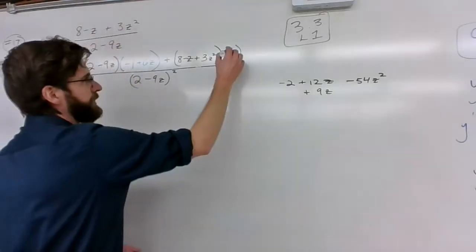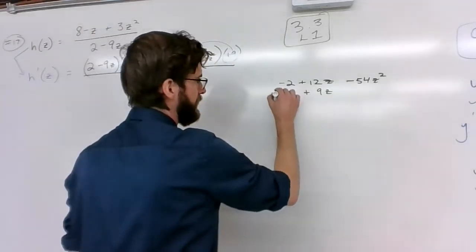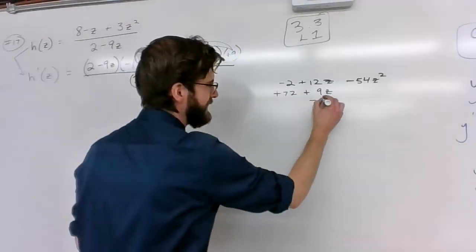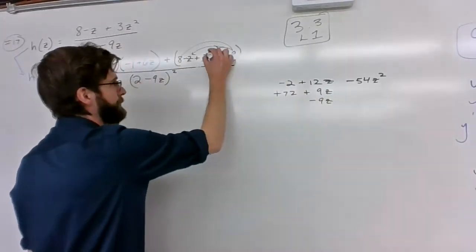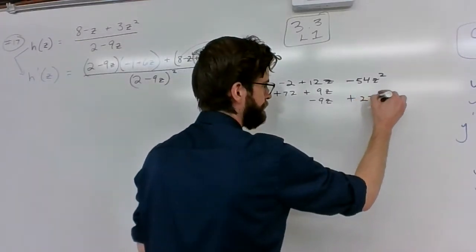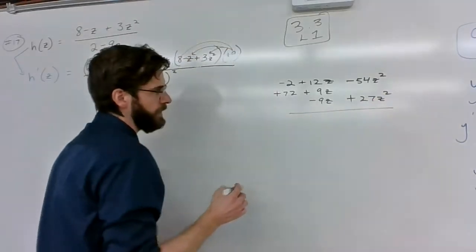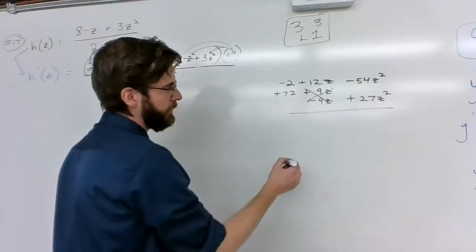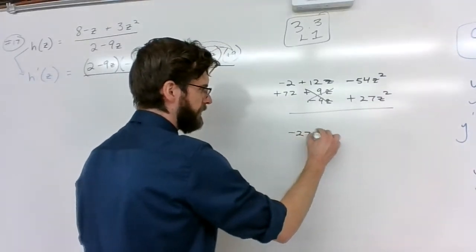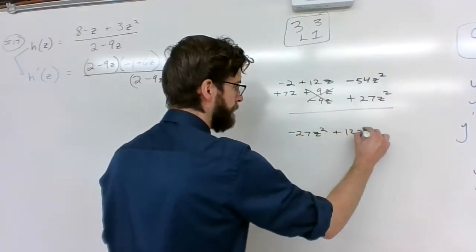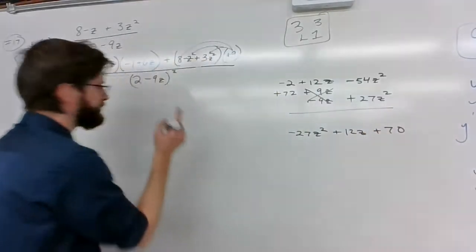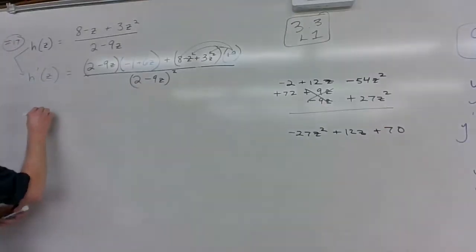Okay, so it's going to be 9 times 8 plus 72. 9 times negative z minus 9z. 9 times 3z squared, which is going to be 27z squared. So these two z's cancel out. This is going to be negative 27z squared plus 12z, and this is going to be positive 70. So that's what appears to be on the top part of this fraction.